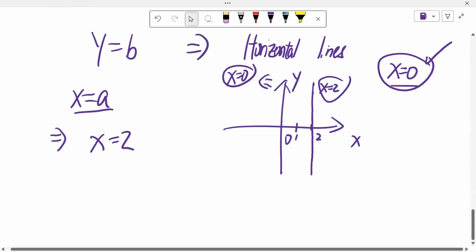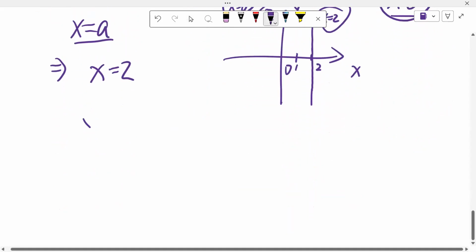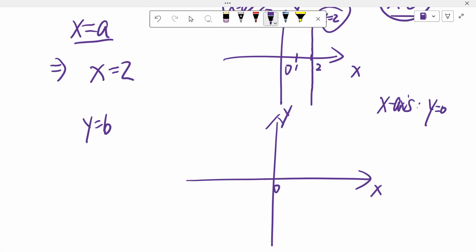Next, let's look at the horizontal lines. So horizontal line, y equals b. If you look at the Cartesian system, the equation representing the x-axis would be y equals 0, because on the x-axis, all the y values are 0. And then y equals b, let's say b is somewhere here.